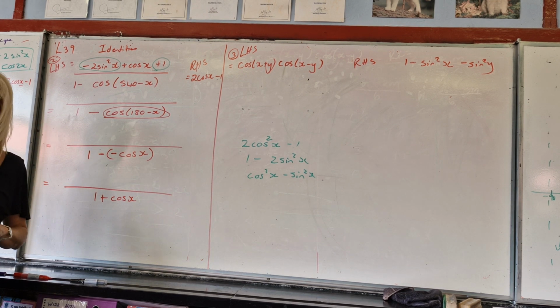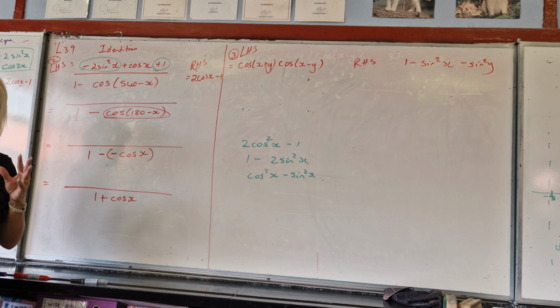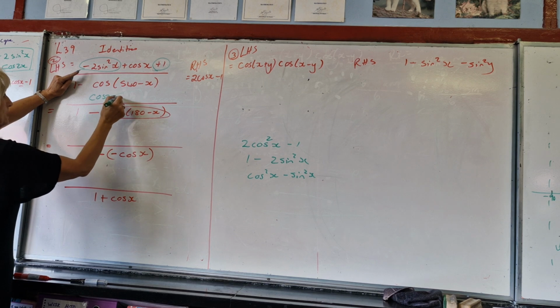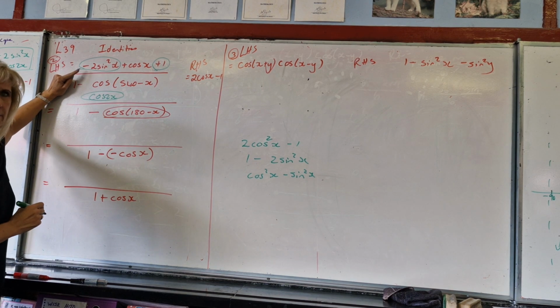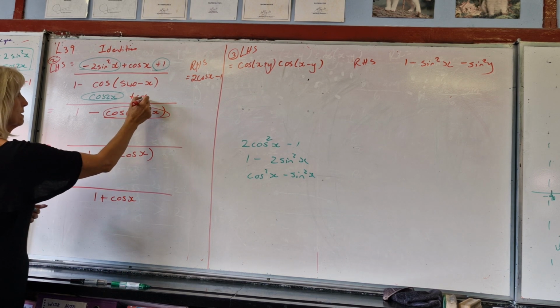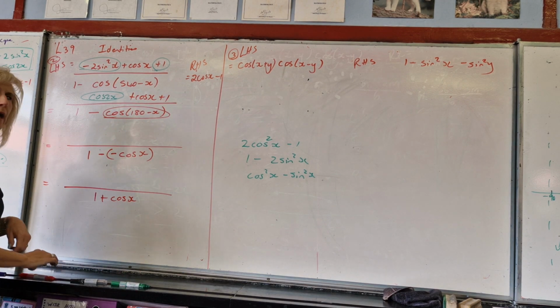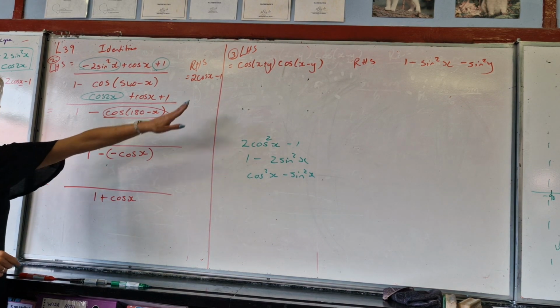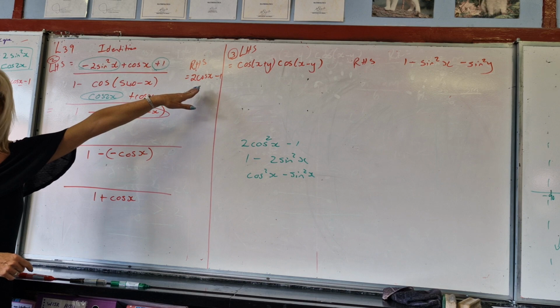It's true, but I'm not going to do it. Okay. If I do that and I make that cos 2x, I'm not going to do it, so don't write it. If I do that, then the rest of the sum is plus cos x plus 1. And now what? I'm trying to find this side equal to 2 cos x minus 1.